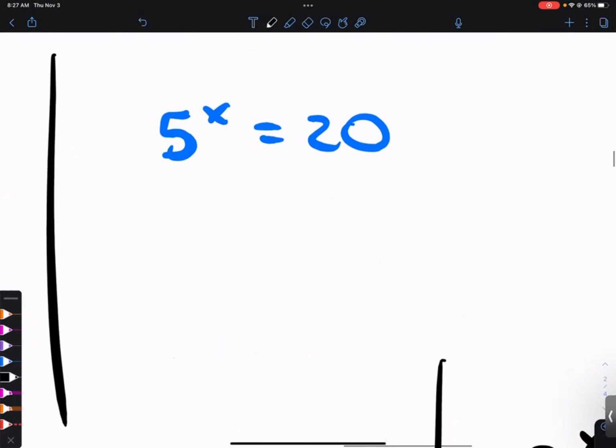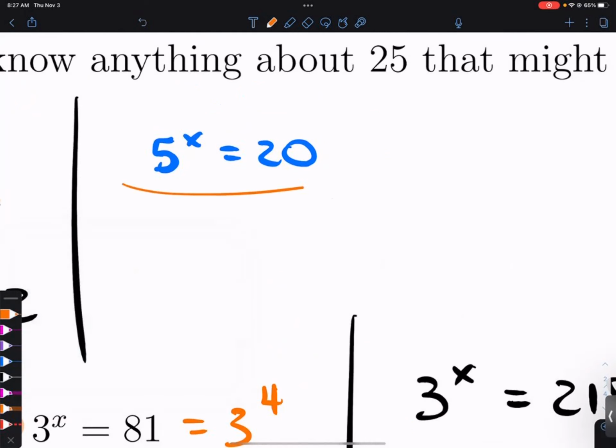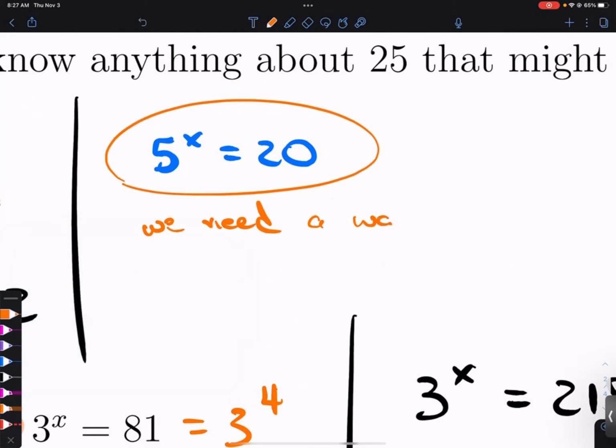Again, the motivating idea is that we need a way to undo this exponential.